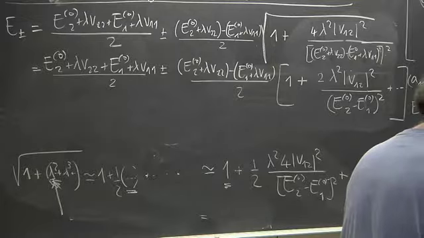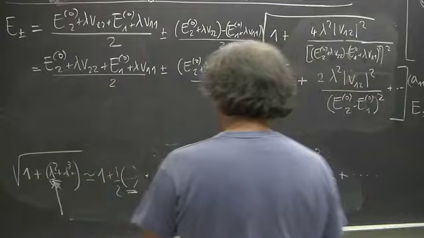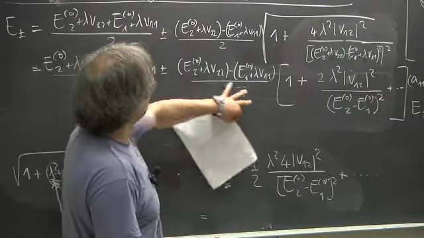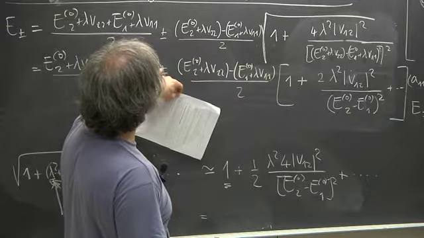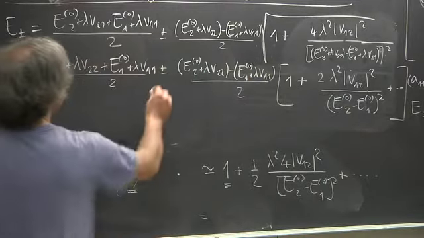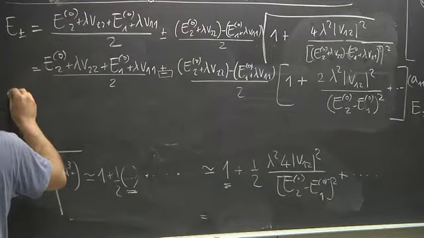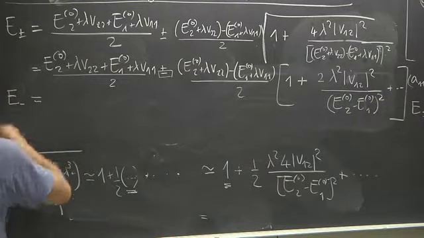Very good. So let us see. This is a positive quantity, okay? So the smallest eigenvalue is given by when you take the minus, okay? So E minus will be our smallest eigenvalue. Let's calculate.